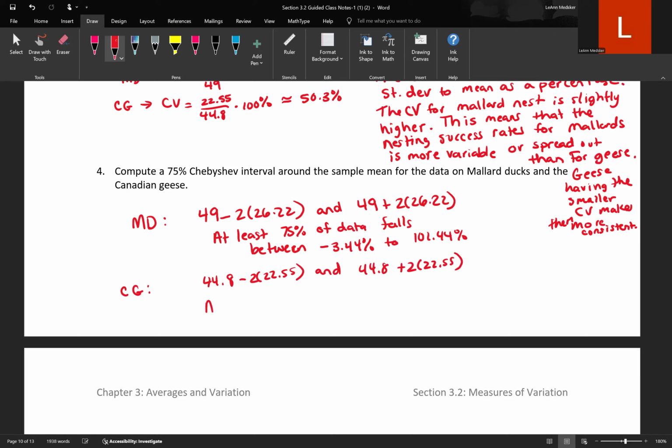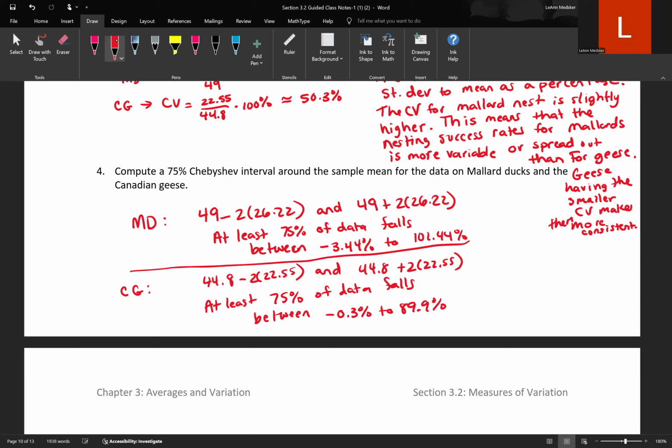So this one would be that at least 75% of our data falls between negative 0.39% to 89.9%. I got those values from doing those two math formulas for that specific row. So just be aware, sometimes it'll be more than 75%. At least means 75% or more. So it's not like it cuts it off there.